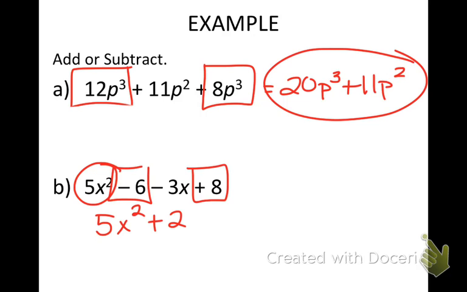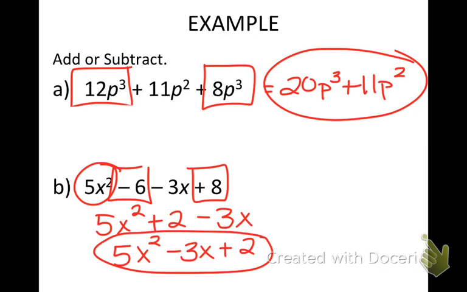Minus 3x. Is that written in standard form? What can I do to put it in standard form? 5x squared minus 3x plus 2 would be my final answer. You should try to write your answers in standard form, so your highest degree to your smallest degree.